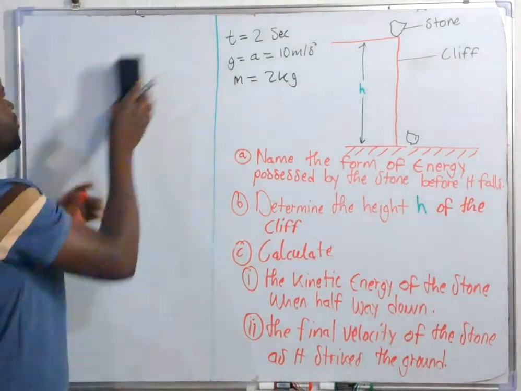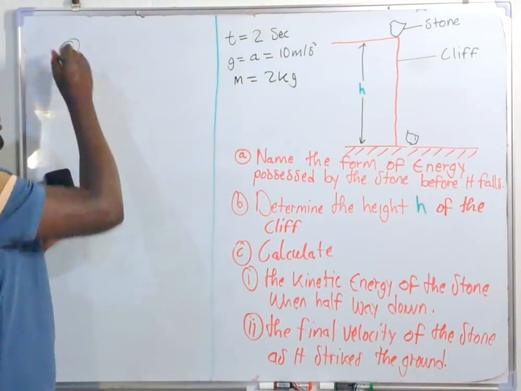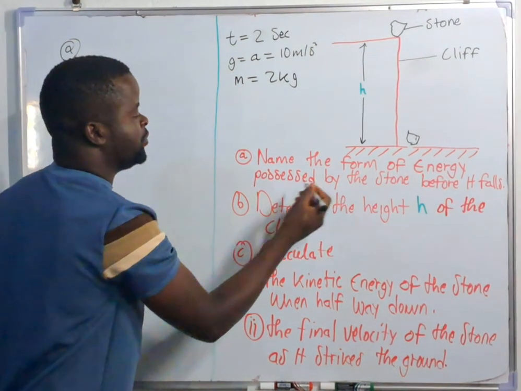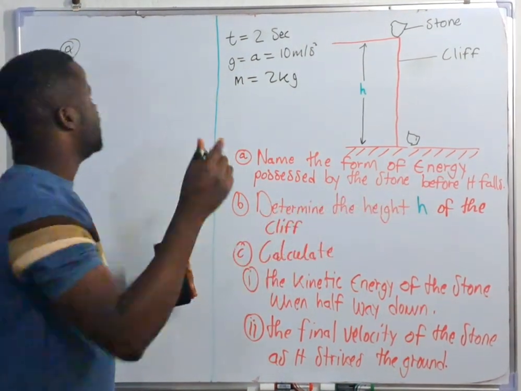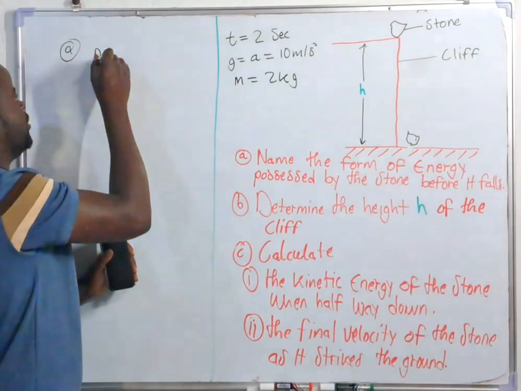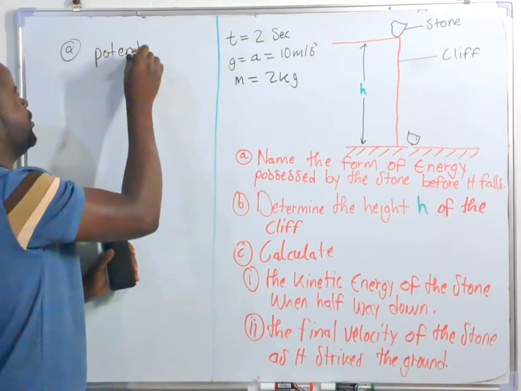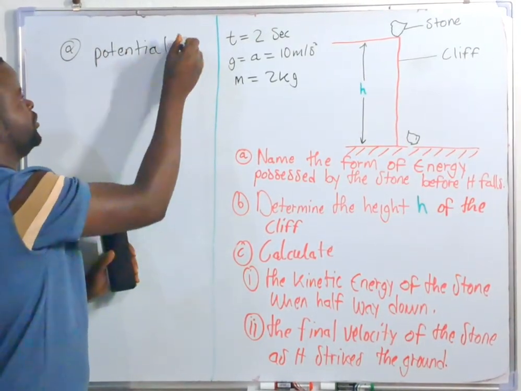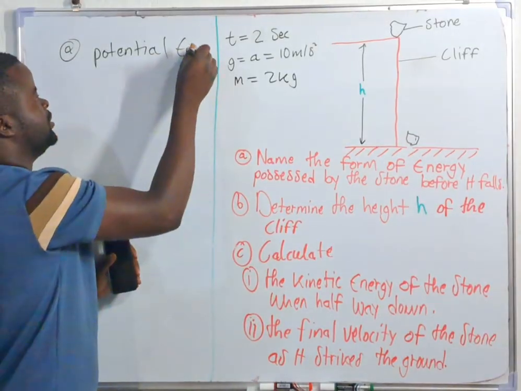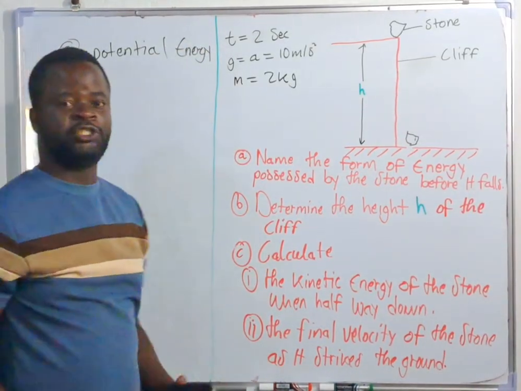So the solution for question A: the form of energy possessed by the stone before it falls is potential energy.